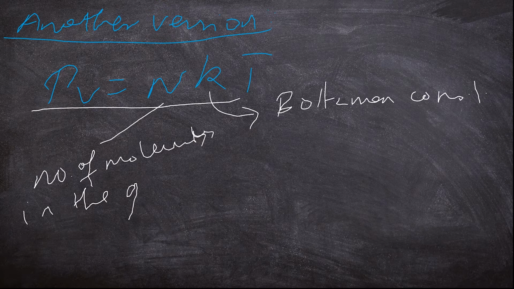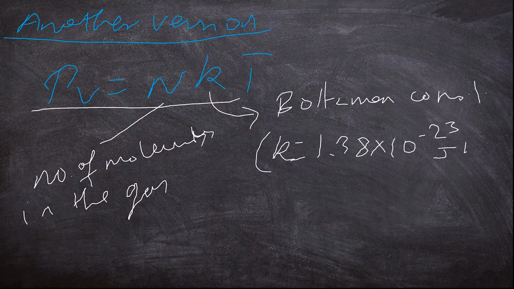The value of k is 1.38 times 10 to the power minus 23 joule per Kelvin. I just want to say how N k means N equals, just wait for a while.